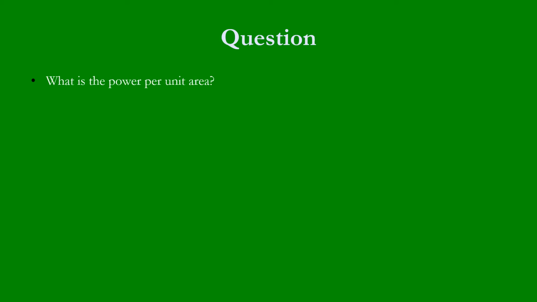Okay, then power output per unit area, that's basically an intensity, because you've got the power output and we're dividing it by an area. So for power output per unit area, we've got the luminosity from the first part, so we know that's 4.47 times 10 to the 26. All we need to do is divide it by the surface area of the sun.